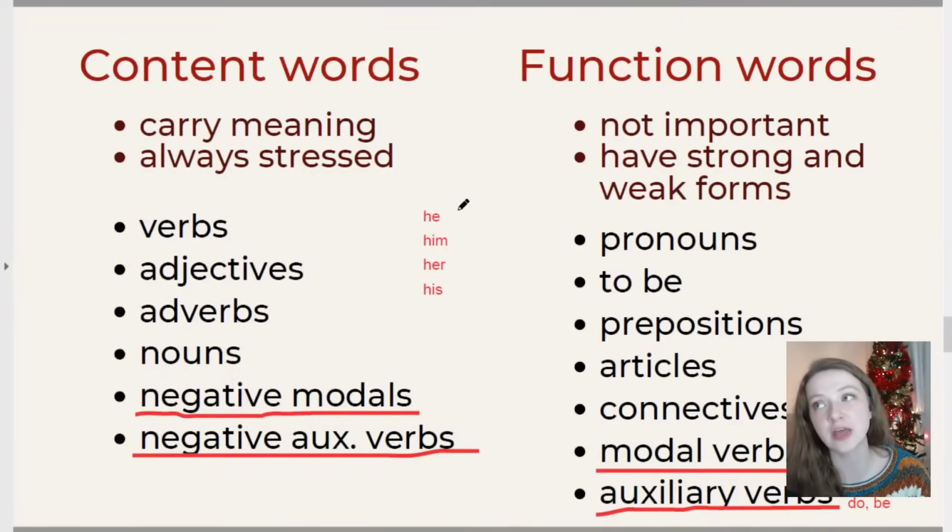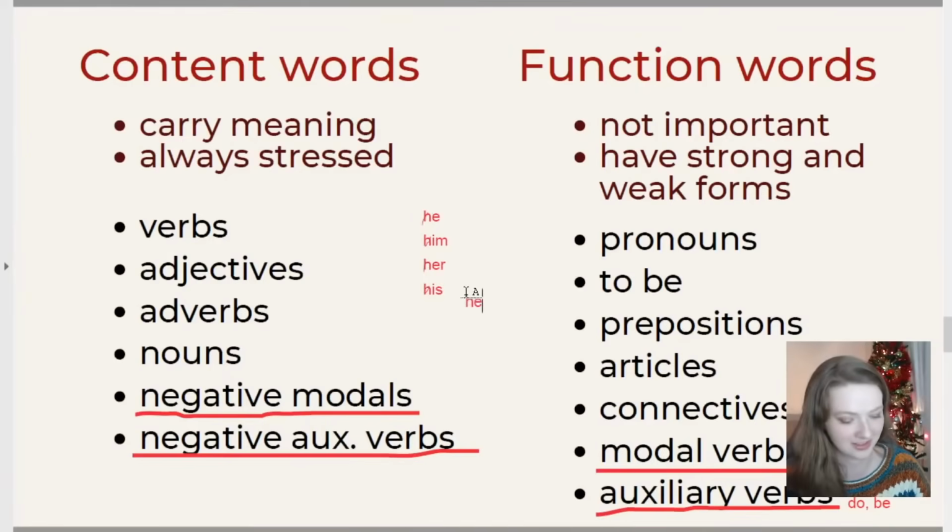If I say, for example, "he left early", I could say "e left early". "I went with him." "I went with 'im." "I went with her." "I went with 'er." "This is his." "This is 'is." So we can cut the H's in these ones. They're not important. Same with "hers" as well.